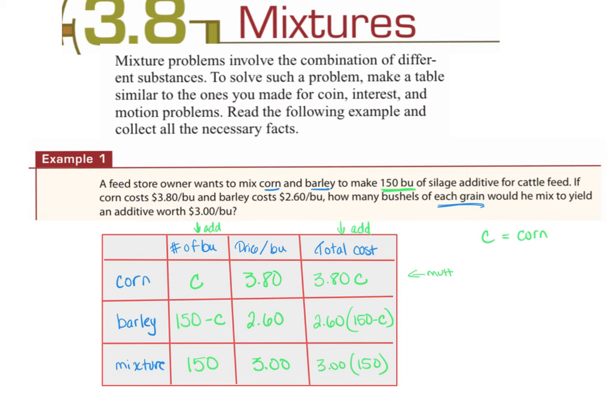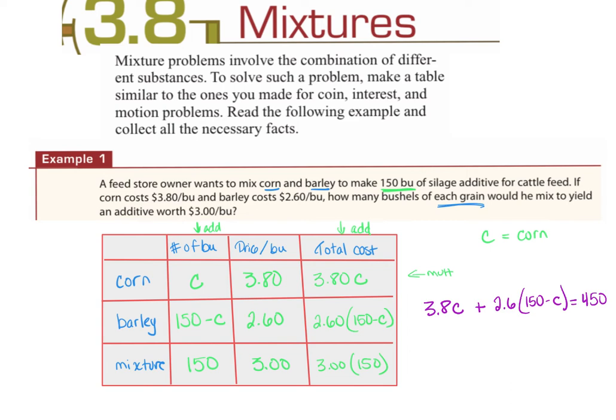My equation will look like this. 3.8 times C plus 2.6 times (150 minus C) equals 3 times 150. What is 3 times 150, by the way? 450. There we go, 450.